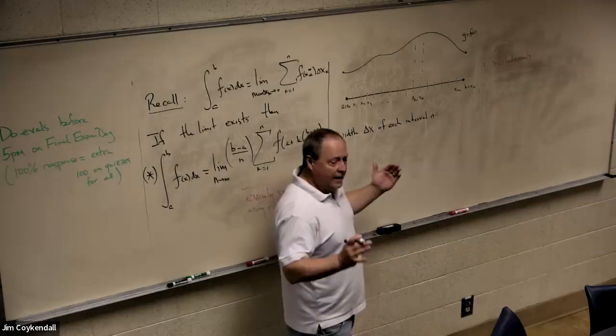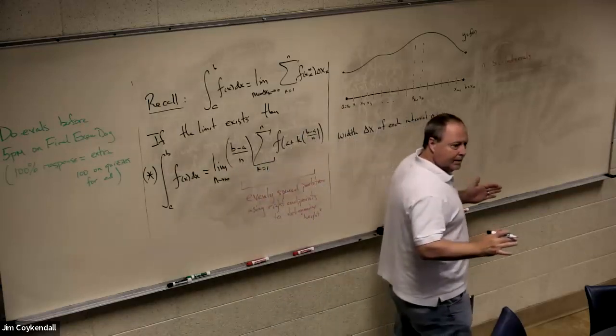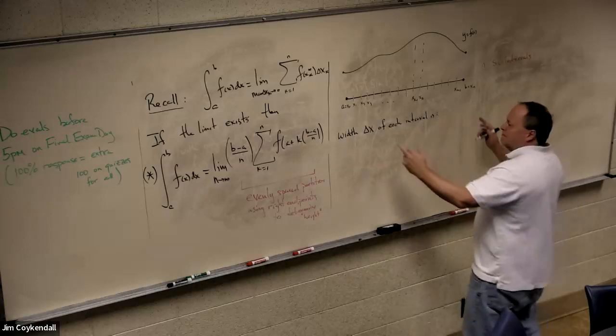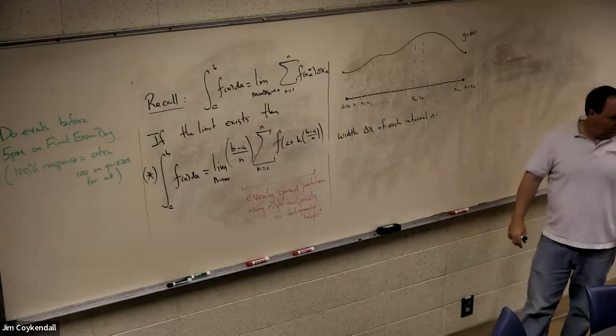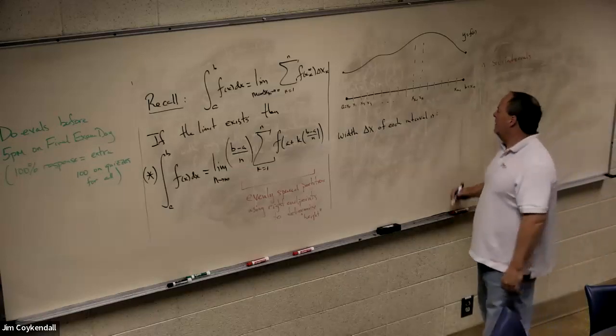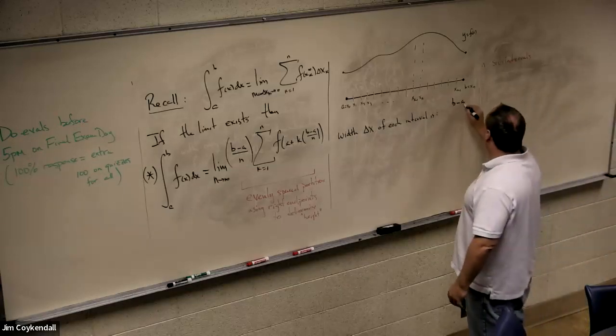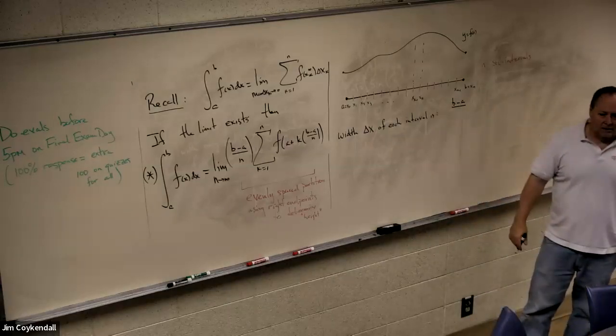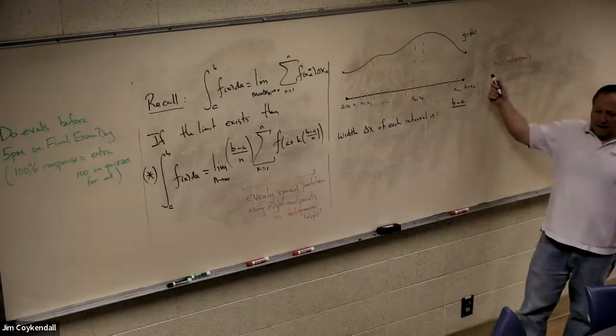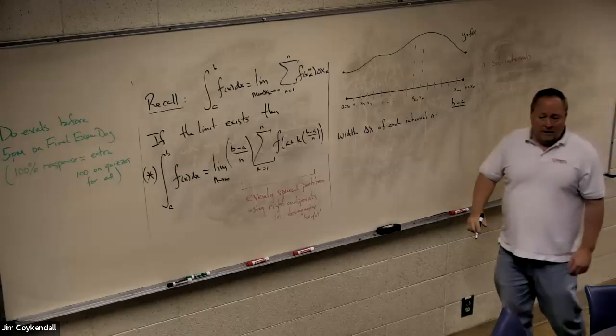well, how long is my interval? b minus a. Everybody agree with that? So the entire length of the interval is b minus a. And how many pieces do we split this up into? n, right?